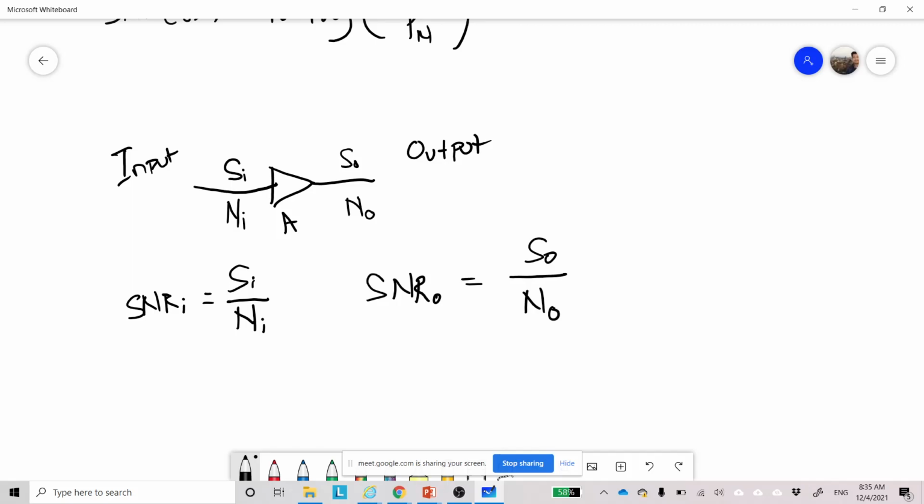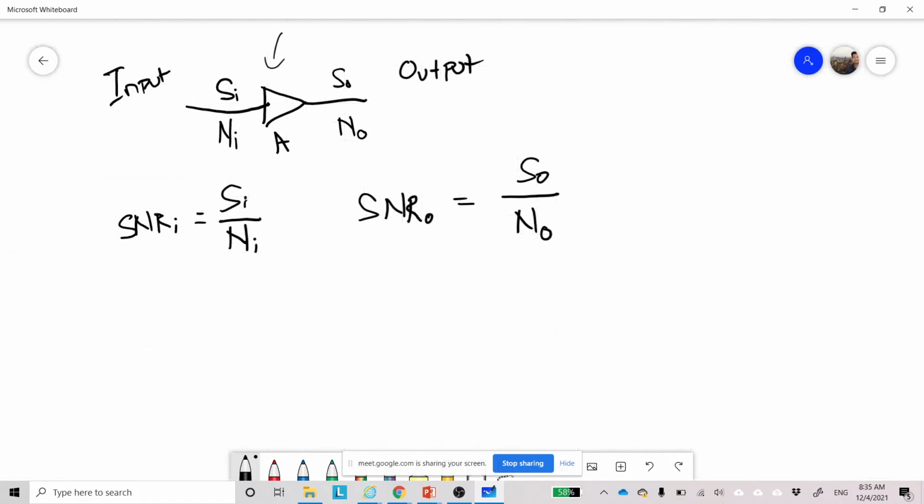Previously we have learned that there are two scenarios: the perfect system and the non-perfect system. For the perfect system, we assume that there is no additional noise produced by the system. In that case, the output SNR is equal to APSI divided by APNI.